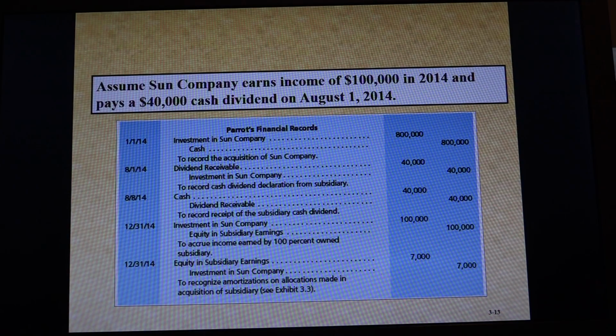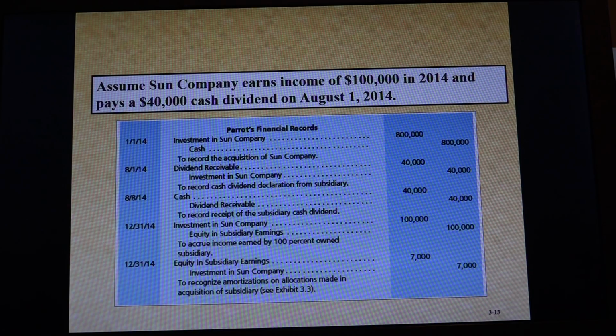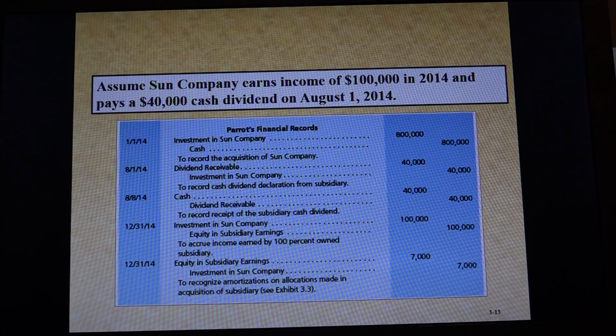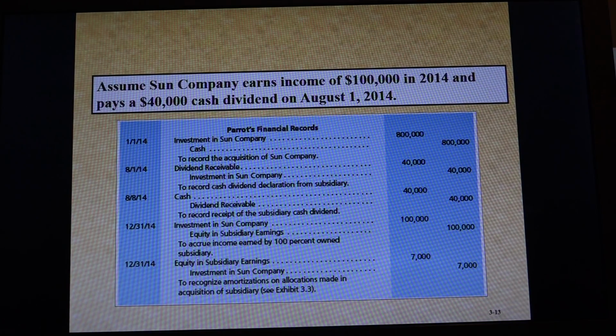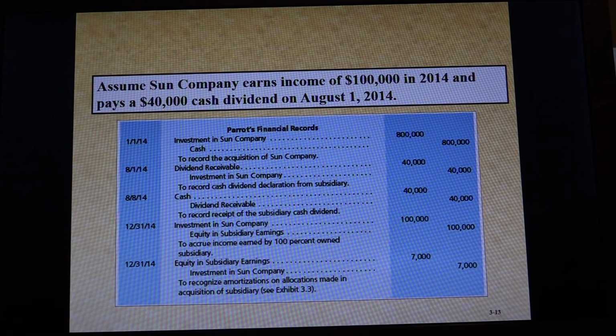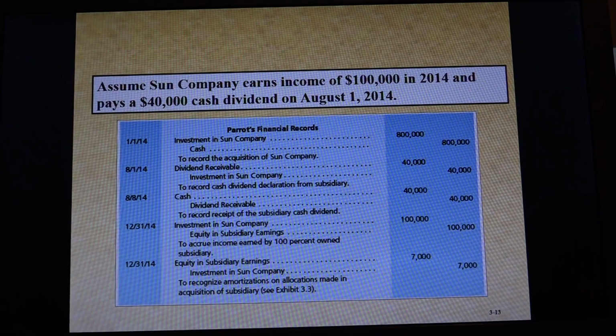Assume further that Sun Company earns income of $100,000 in 2014 and pays a $40,000 cash dividend on August 1, 2014. And so here are the parent's financial records. They book the initial investment in Sun Company, and remember, this was a cash deal, so reduce cash.